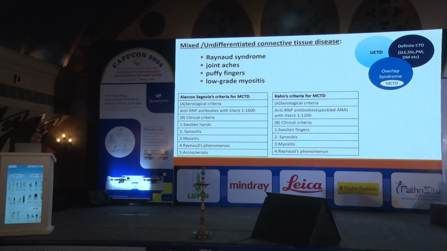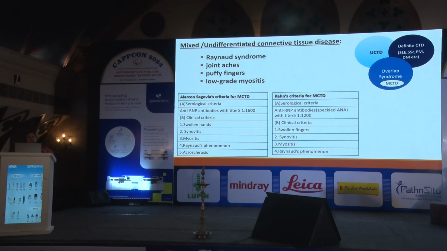Whereas there is another cluster of patients where they exhibit features of SLE or polymyositis or Sjogren's, where there is an overlap. These kind of patients are commonly clubbed under mixed connective tissue disease. And there are two criteria, that is the Alarcon-Segovia's criteria for mixed connective tissue disease, with the clinical symptoms of swollen hands, synovitis, myositis, and Raynaud's phenomenon, but there should be a quantitative anti-RNP antibodies present with a titer of more than 1:1600.